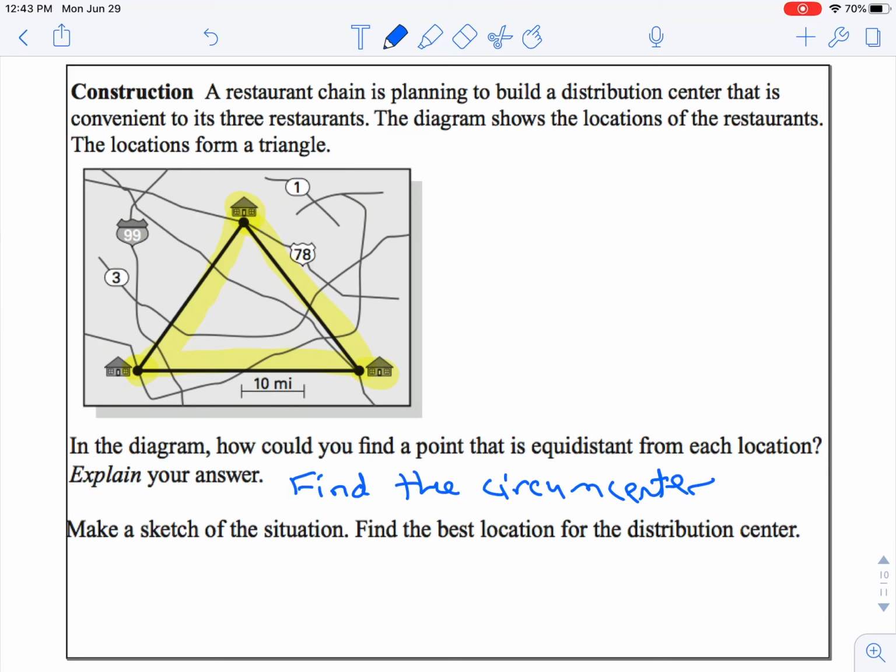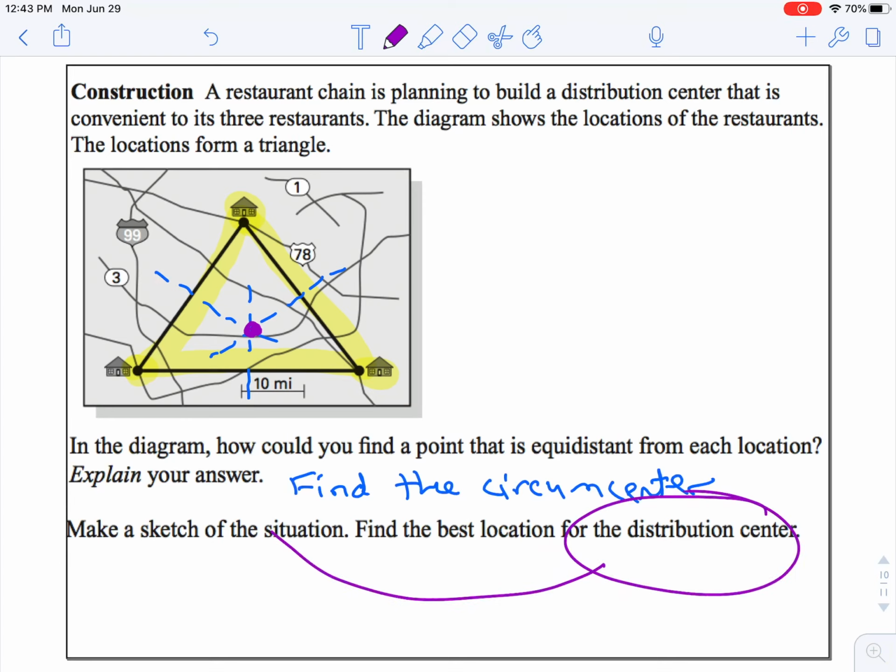So if I just sketch in, here's one perpendicular bisector, here's another perpendicular bisector, and here's a third. I'm just sketching these right now. It says make a sketch. This is where they should build that distribution center, right here. And they do that a lot, like if they're doing fire stations and they want to put a new fire station in that's equidistant to three great big neighborhoods, that's another application of where this might be used.